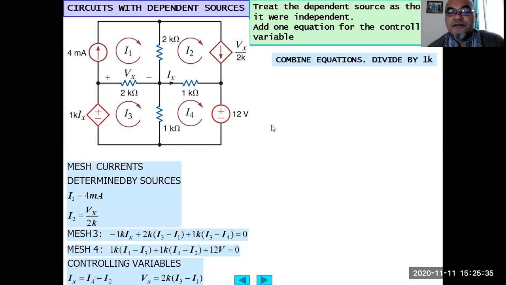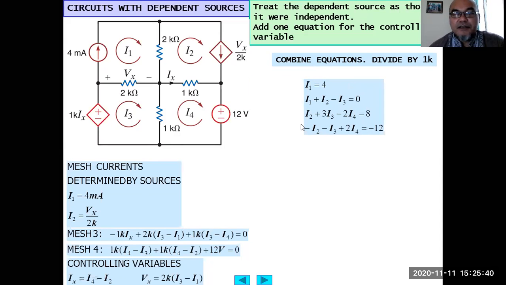Combining the equations, each one will be multiplied by 1 kilo ohm.